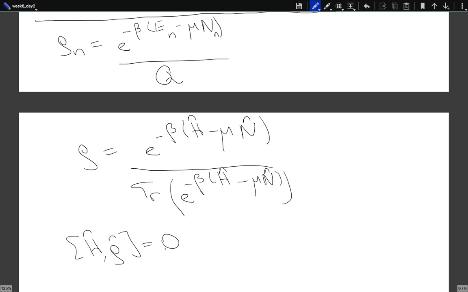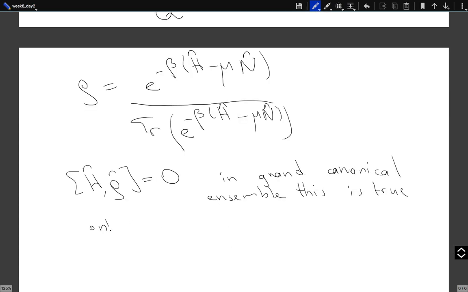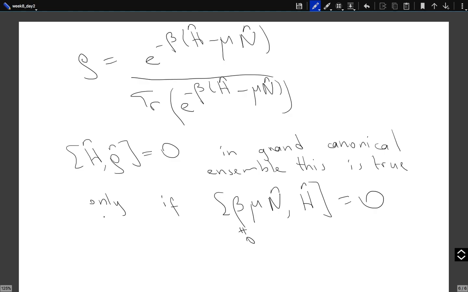If you look at the grand canonical partition function, H and rho commute only if beta mu N and H commute. Well, beta is definitely non-zero, so I can just cancel that. So this means that the commutator of mu times N and H should be 0.